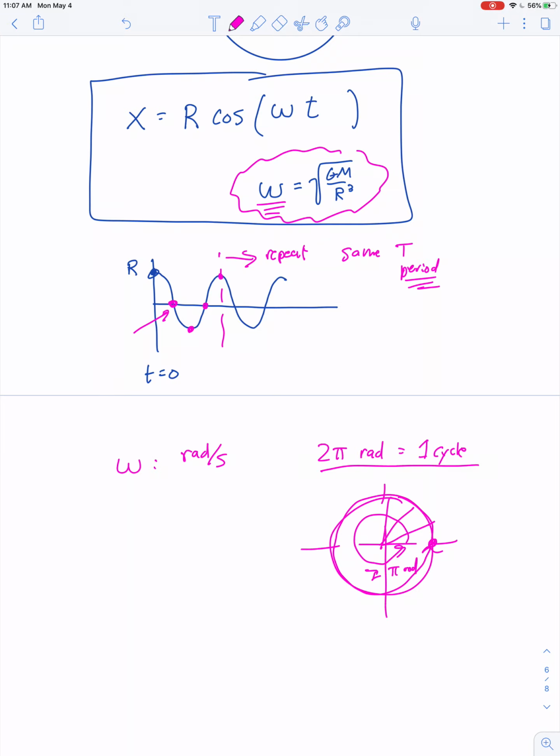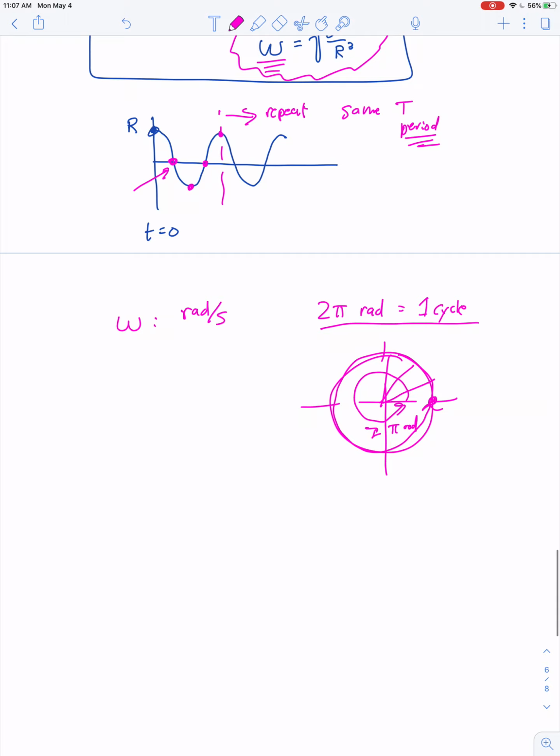So yeah, there are 2 pi radians in every cycle. Okay. So we can say omega is 2 pi radians in an amount of time, capital T, known as the period.